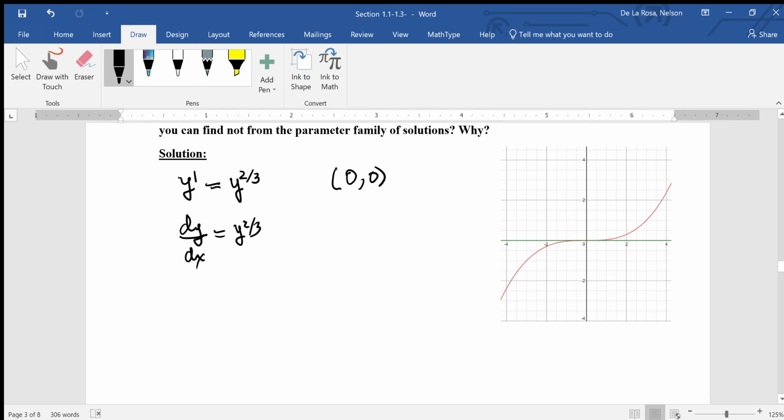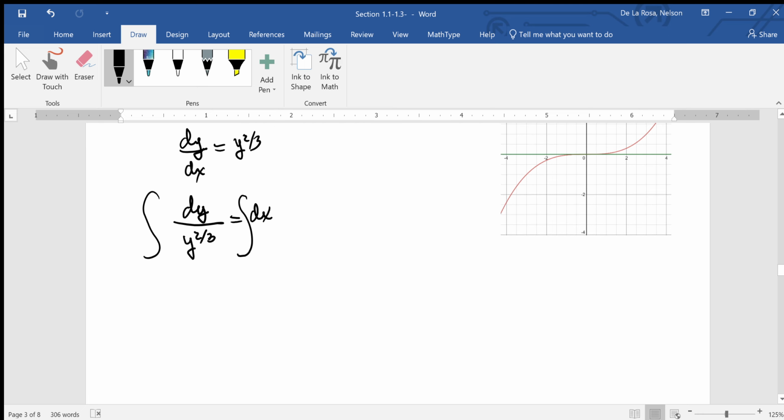So we can rewrite it like this: dy over y to 2/3 equals dx, right? And then now we may apply an integral on both sides. Keep in mind that y to the 2/3 in the denominator is the same as y to the negative 2/3 on the top.